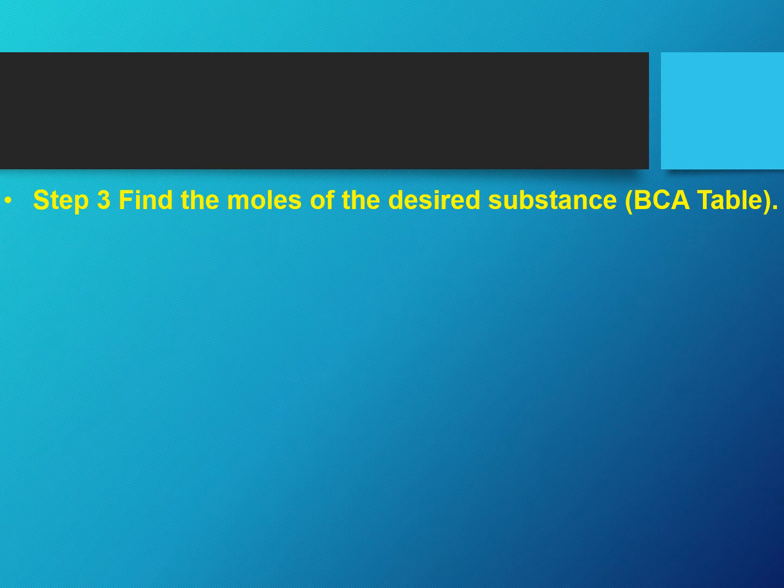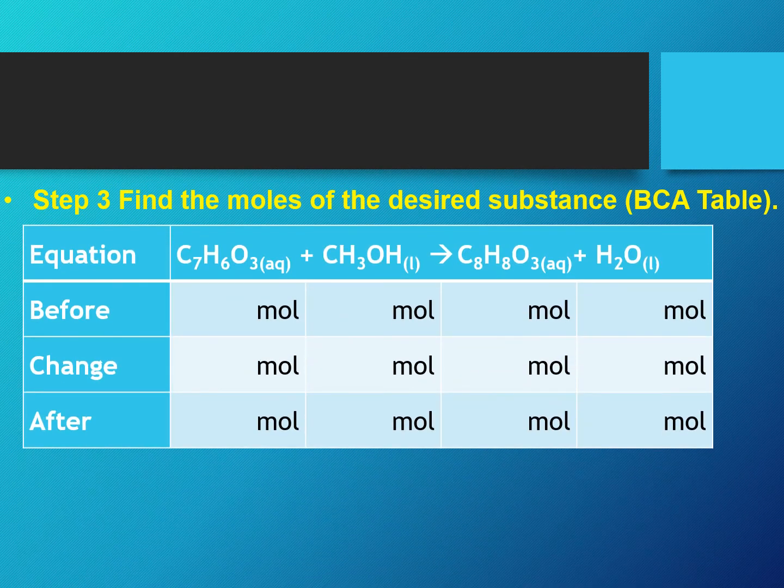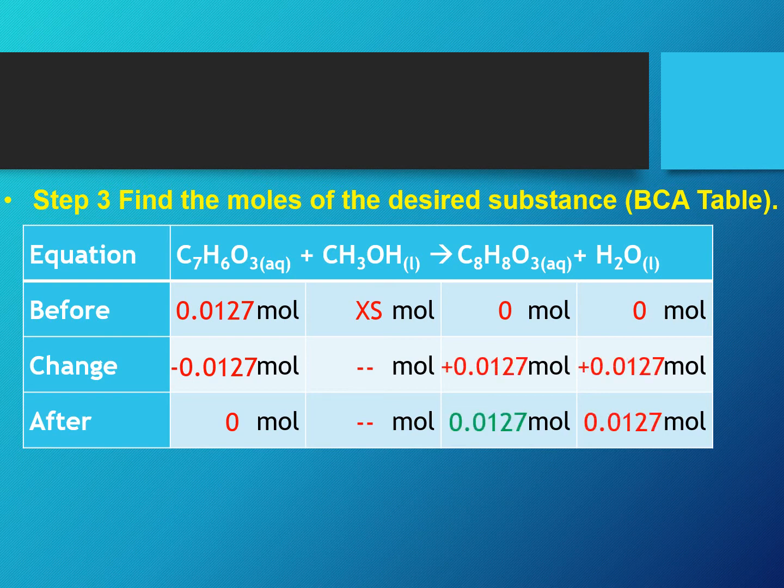Find the moles of what you want. So in our BCA table at the beginning, we have 0.0127 moles of the C7H6O3. We have excess of the methanol, it doesn't matter. We're going to use all of the C7H6O3 up to get 0. The methanol still doesn't matter. So it's a 1-to-1 ratio, so we're going to get one of those.